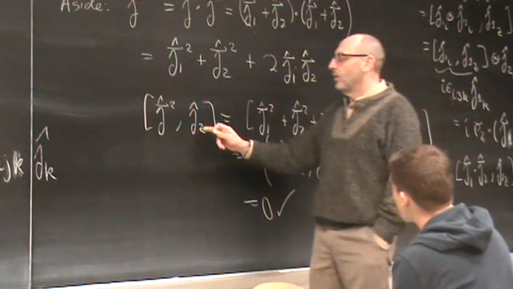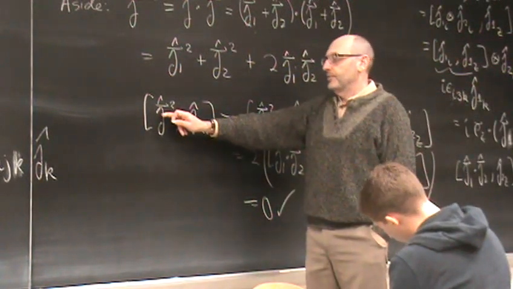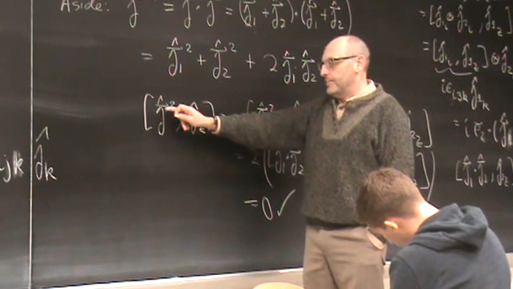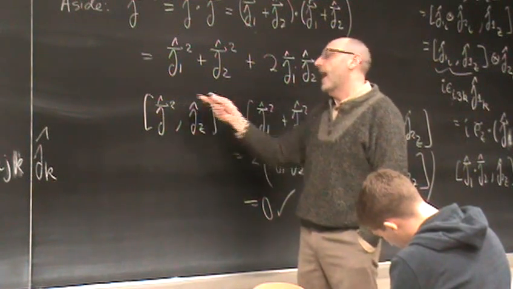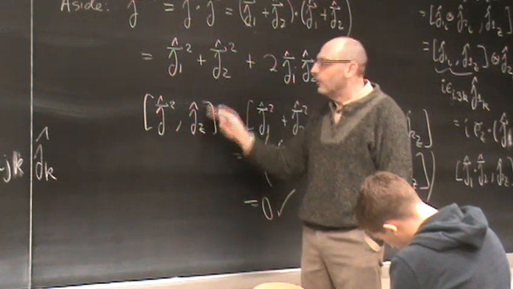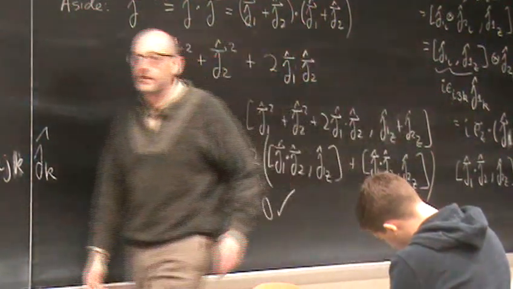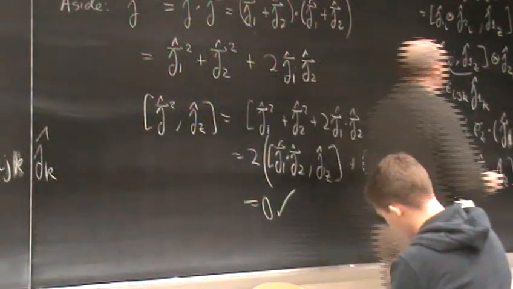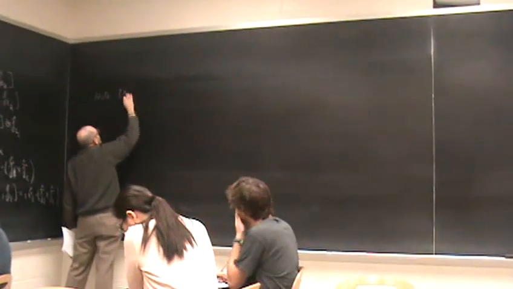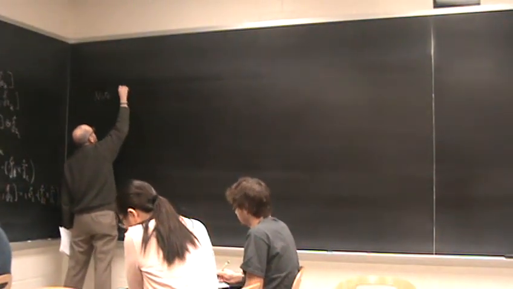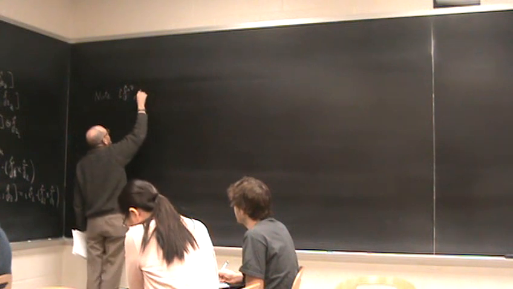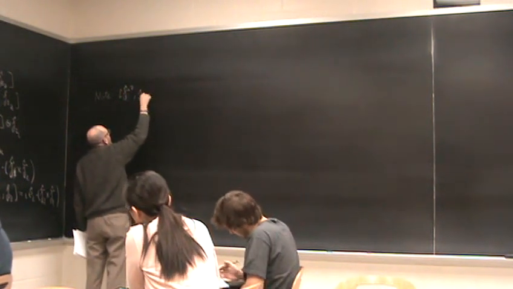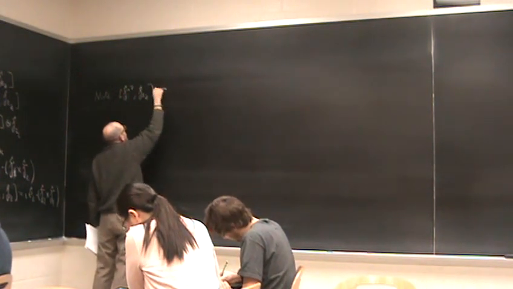So the total angular momentum vector squared, the magnitude squared, commutes with any one component of the total, say, for example, Jz. However, note that the total angular momentum squared commuting with just the component of one of these guys is not 0.